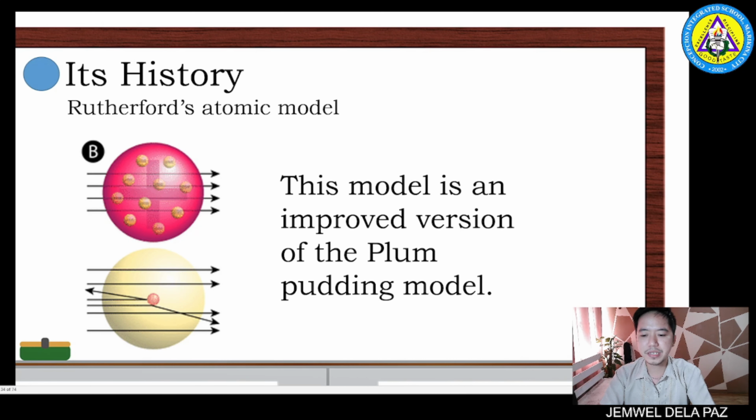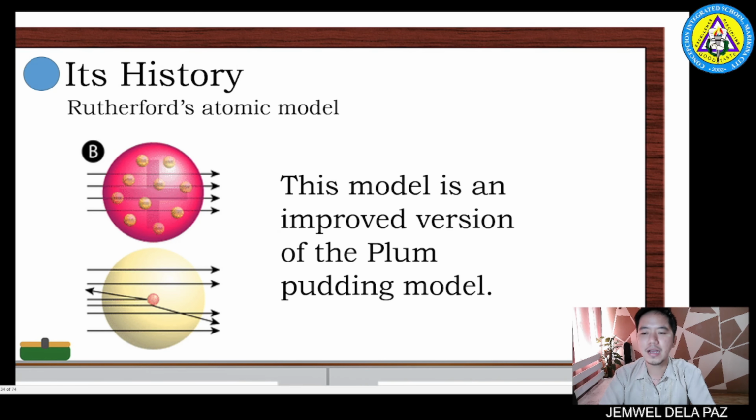But because of Rutherford's alpha particle experiment, he found out that some of the alpha particles bounced back, changed in direction, or were deflected at a certain angle.